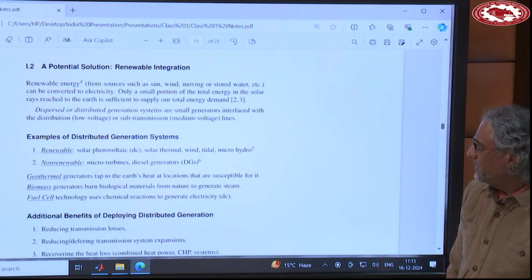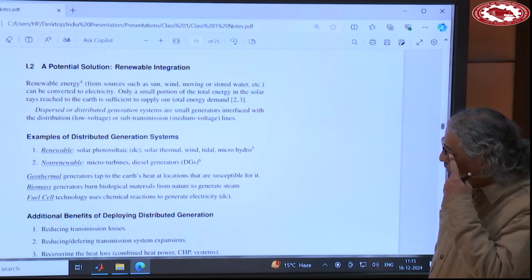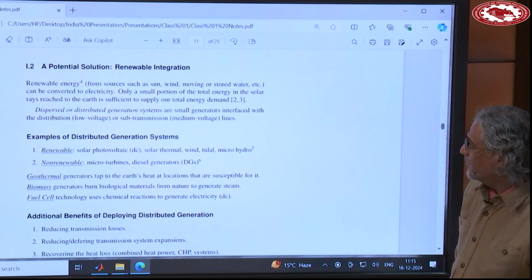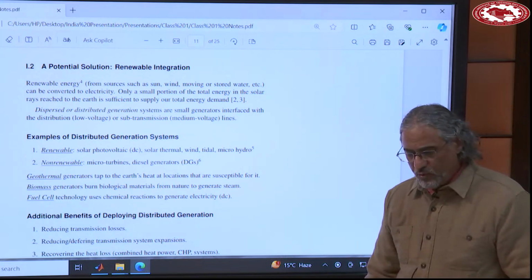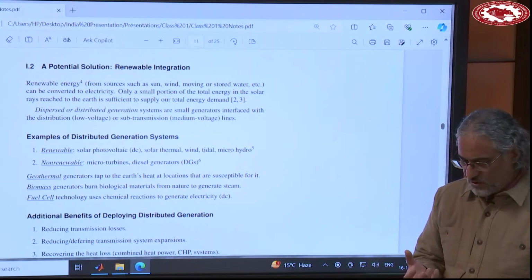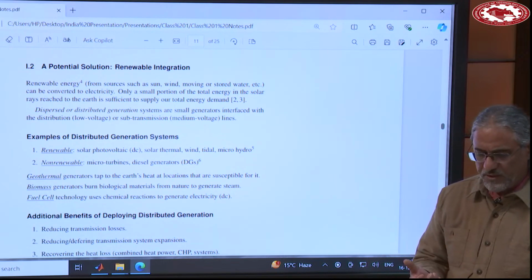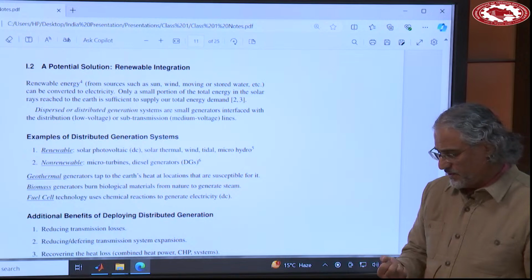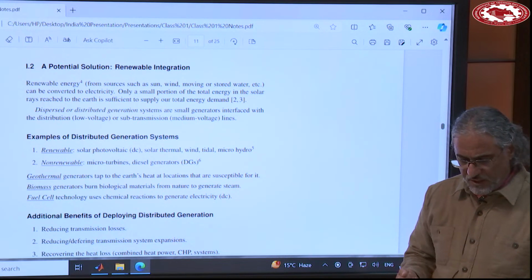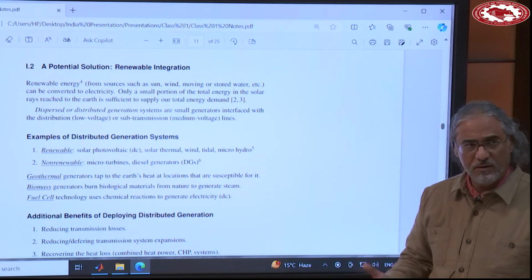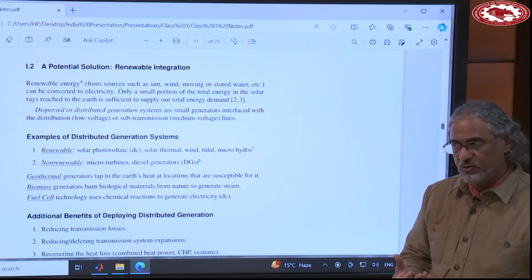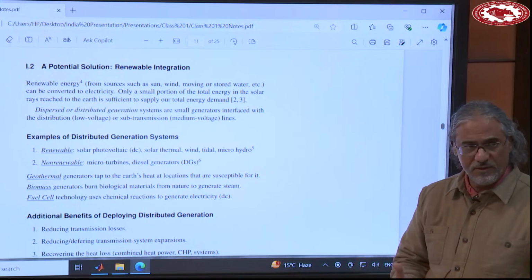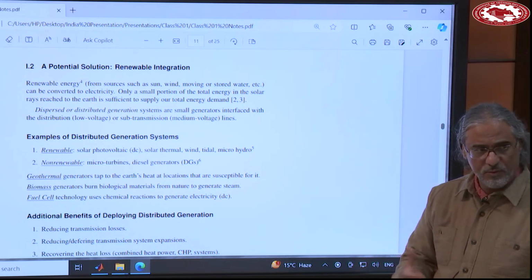Energy in the wind or in moving or stored water, we consider all of this as renewable energy. And then if you have distributed or dispersed generators that can generate electricity from these resources, not in huge power plants, but in smaller generation facilities, you can use that power closer to where you generate it.